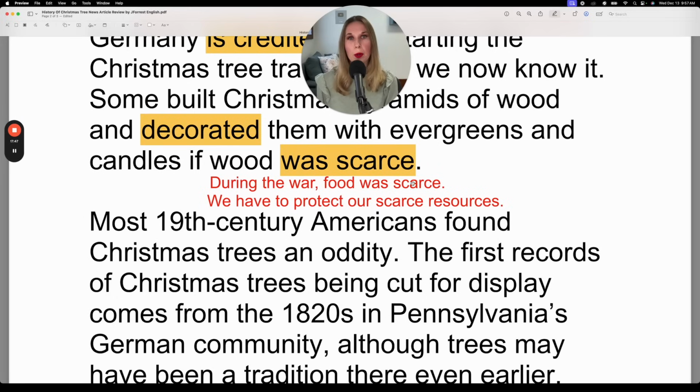I remember my grandmother, who lived through a war, always talking about how simple things like butter, sugar were very scarce. Now, also, if you read the news, any kind of economic news, they frequently talk about scarce resources. So those are things in a natural environment that are limited in supply. And they're things that we need to live, like clean water. We have to protect our scarce resources.